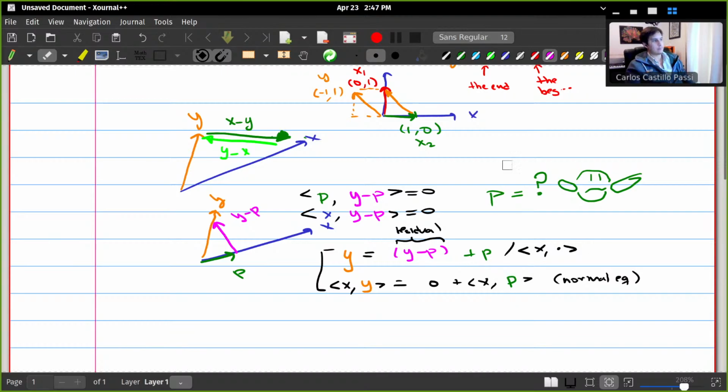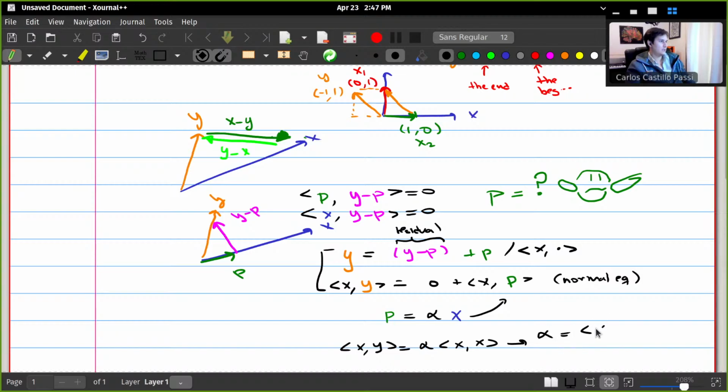Okay, so now p, if we write it as alpha times x and we put it here, we'll have that this is this, so we can therefore see that alpha is equal to x comma y over x comma x. Yeah, I was missing a step, sorry. These are called the normal equations.